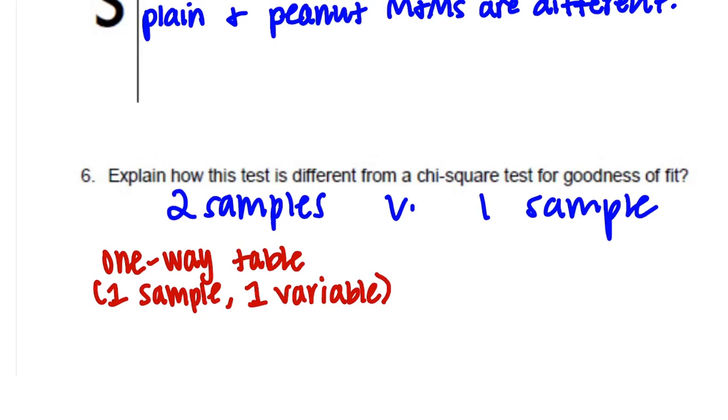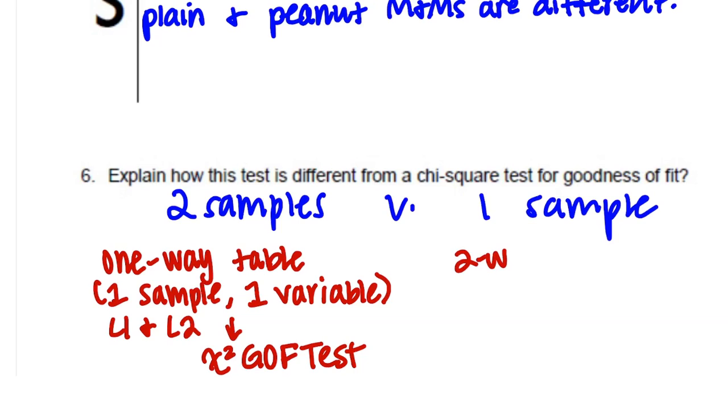That is where we use L1 and L2, and it's called a chi-square GOF test, goodness of fit test. This other kind is when we have a two-way table, like today.